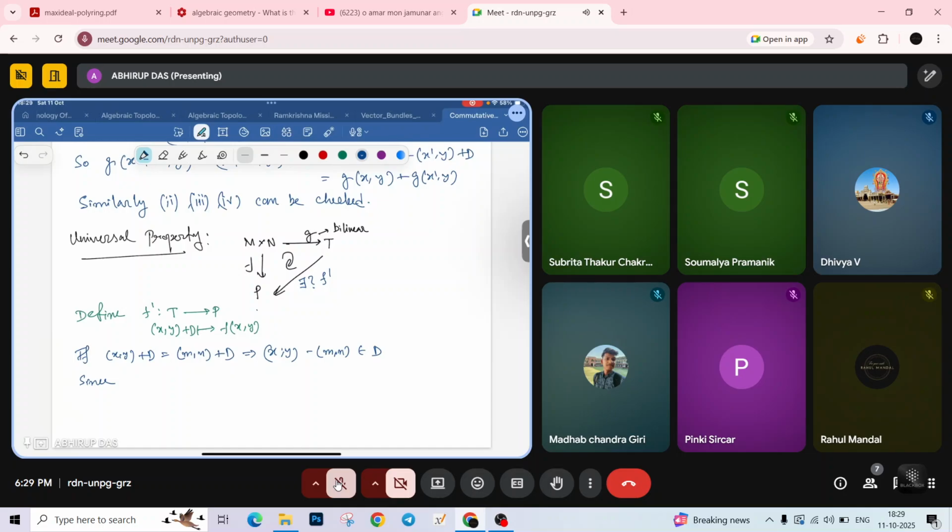Since f is bilinear, you see all these relations hold when applied with f, right?